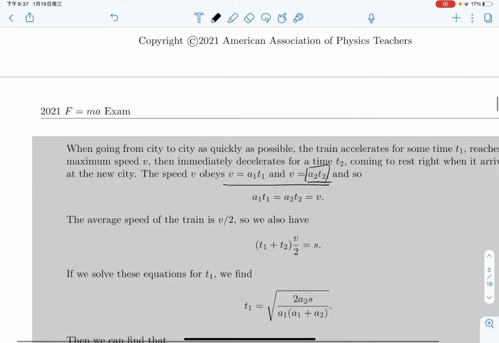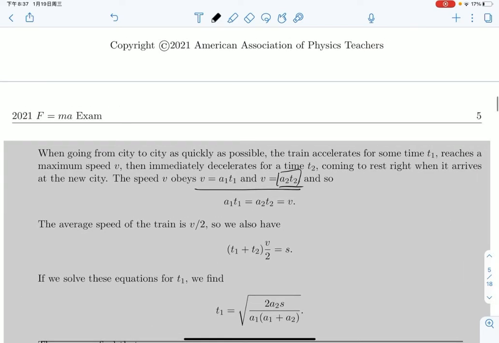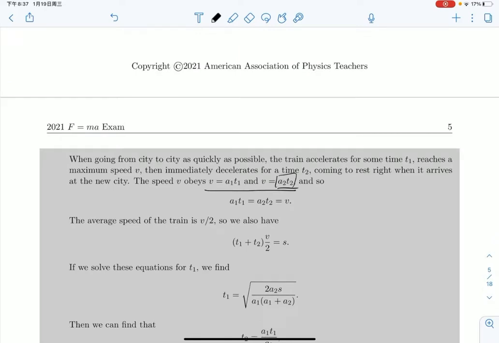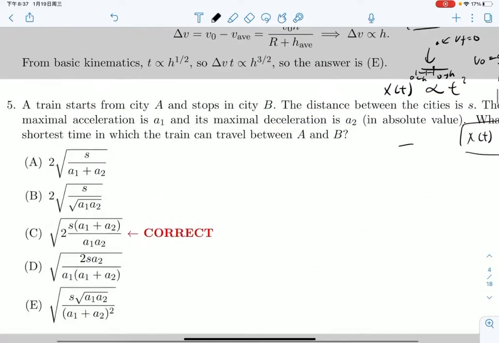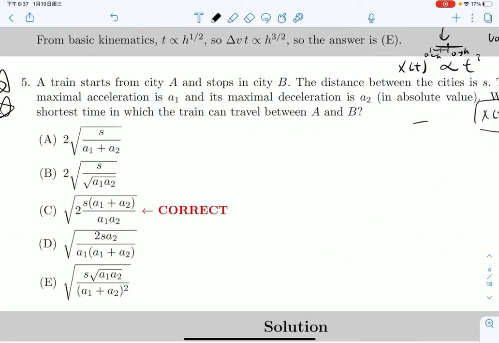But that is kind of confusing, and I'm going to explain why that's the case. So first, we need to introduce finding the maximum with constraint, which is the gradient of f is equal to lambda times the gradient of g.